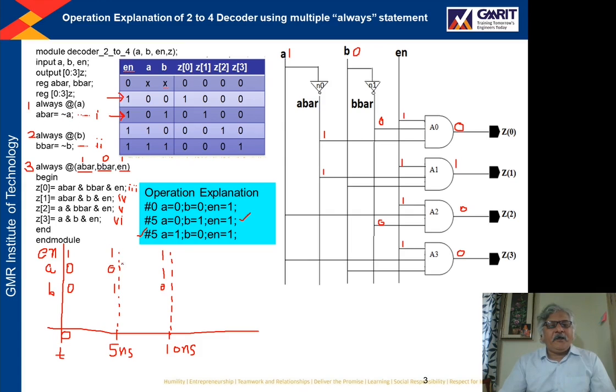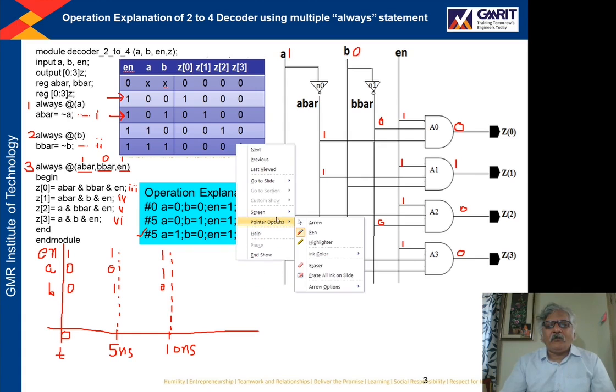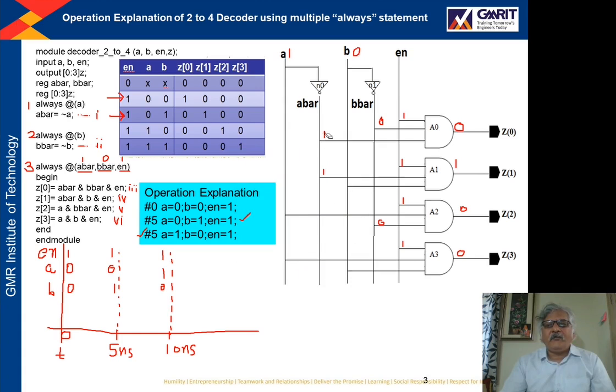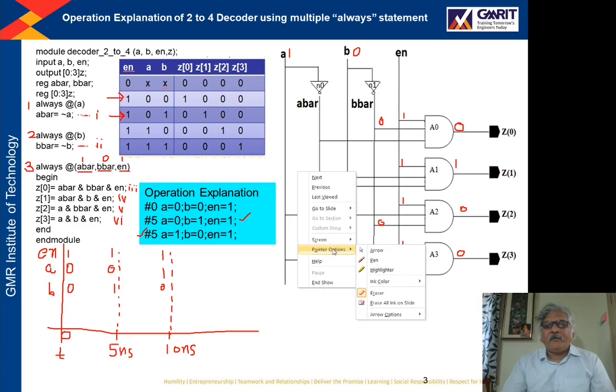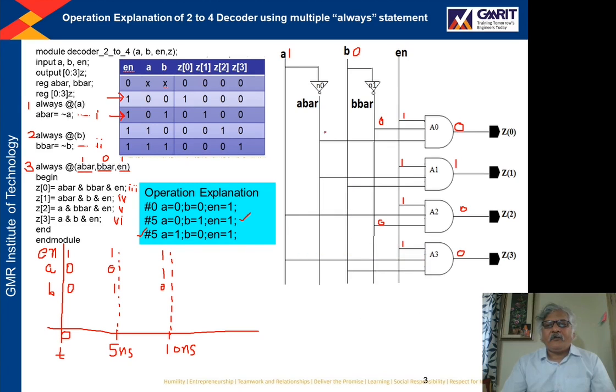This means a is 1 at 10ns, so a bar will become 0. So this change will happen, a bar will become 0, right, these two. So this will be 0 and this will be 0.